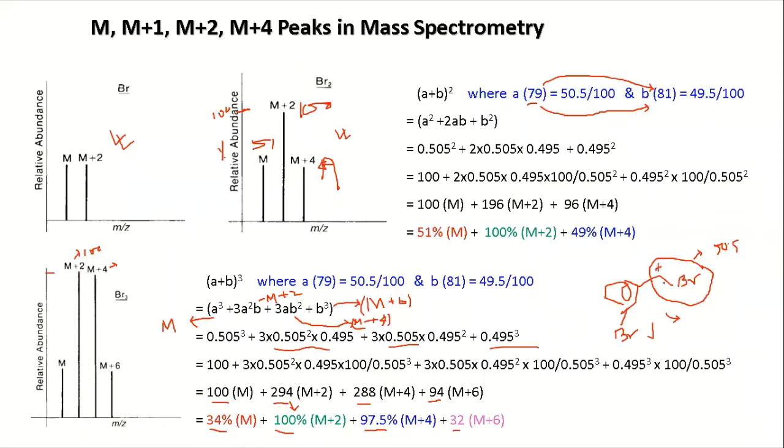If Br comes out, you have the benzylic cation. This Br can easily come out, and that cation will be very, very stable, so it will reach the detector in greater numbers and show as the base peak.